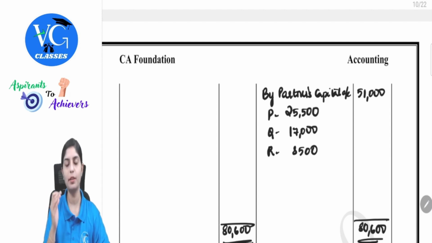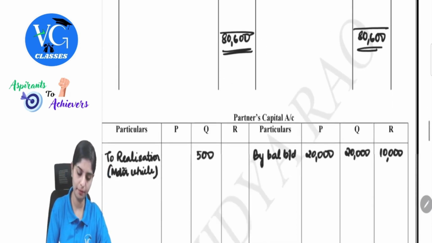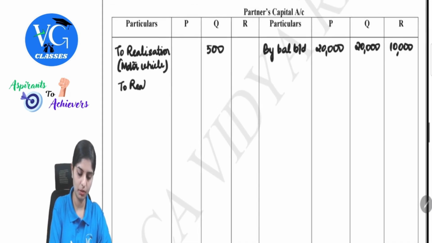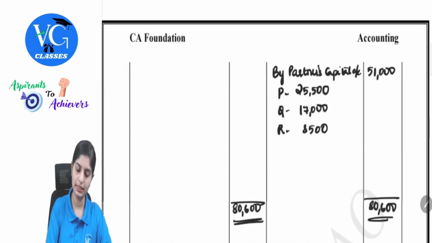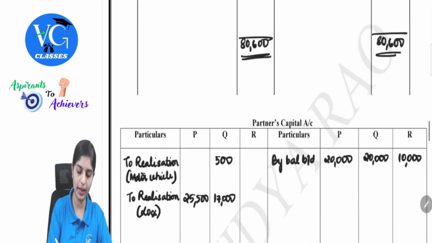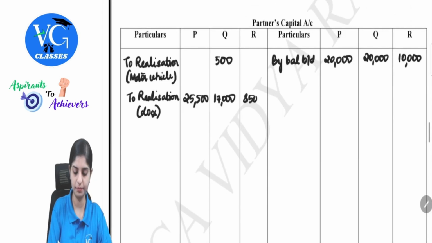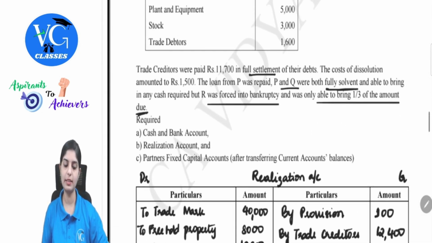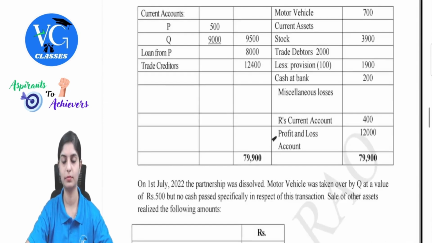By partners capital to realization loss: 25,500, 17,000, then 8,500. There were no such reserves in the question. There is nothing else available.